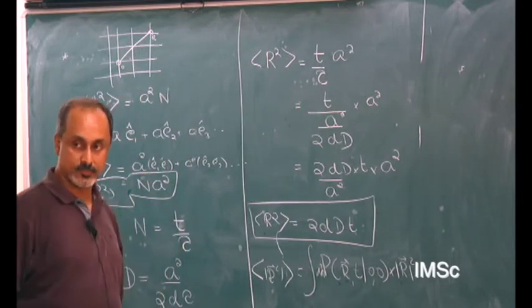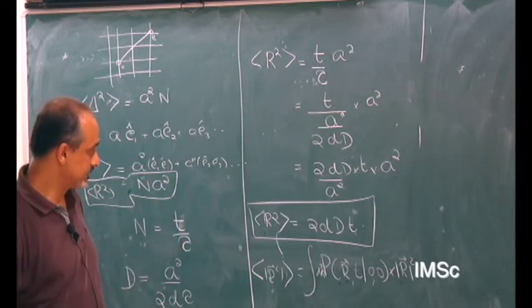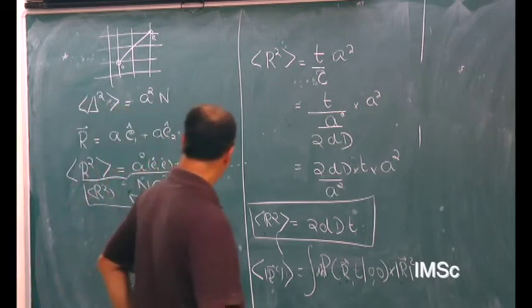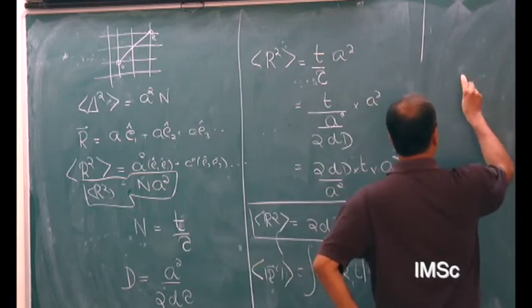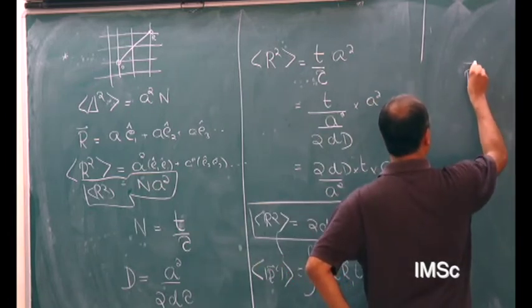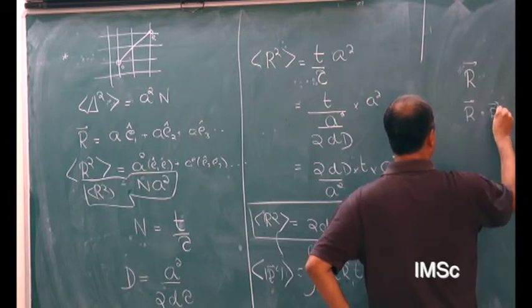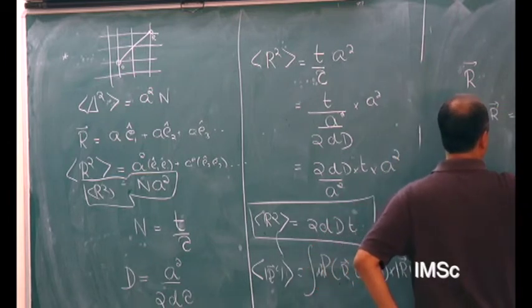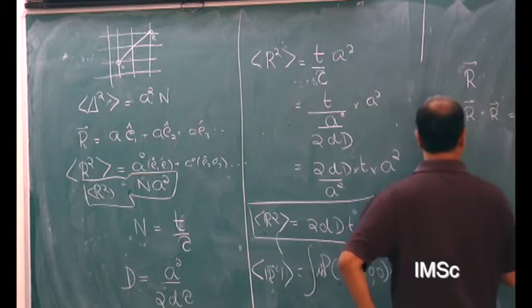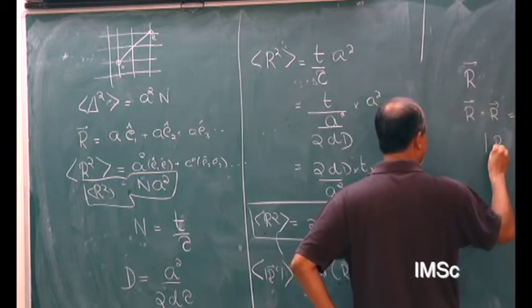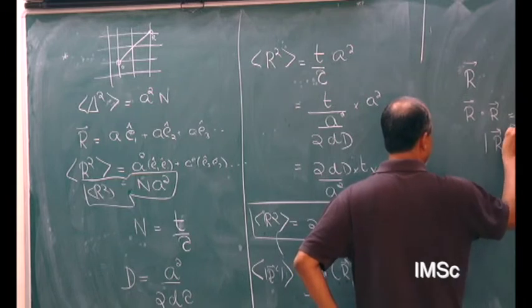Why have we taken the magnitude of R? Like R mod would be the magnitude? That's just, in a sense, notation. R is a vector. So R dot R is a scalar. And what R dot R is, is really the magnitude of R vector squared.